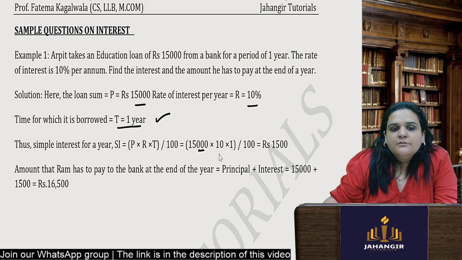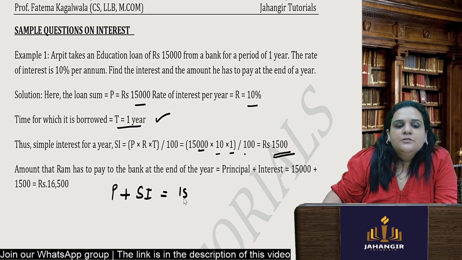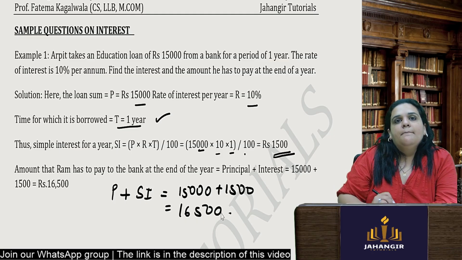So 15,000 into 10 into 1 divided by 100. I am getting 1500 rupees as the interest amount. So simple interest is 1500. And how much will he have to pay back to the bank? He'll have to pay back the principal plus the simple interest amount. So 15,000 plus 1500, 16,500 he has to pay back to the bank.